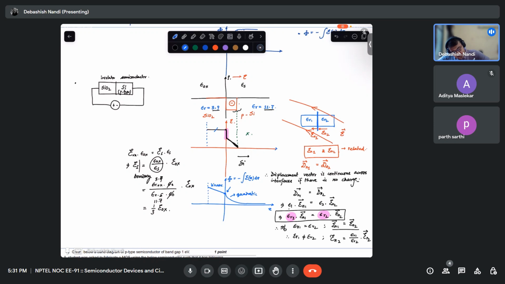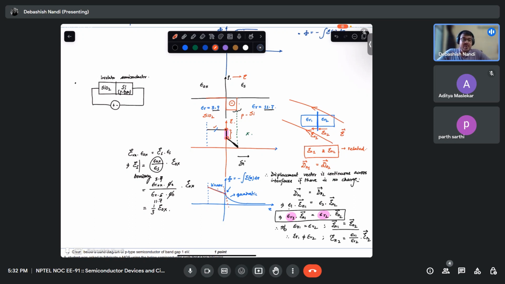Because the slope of this line is not matching with the slope of this curve at this point, okay? This slope is this one, and the slope at this point is this value. So there is a distinct jump, and that is because we are dealing with two different kinds of materials, okay?